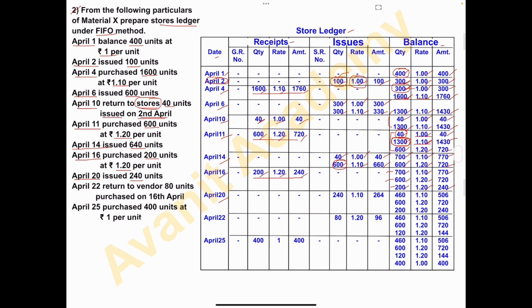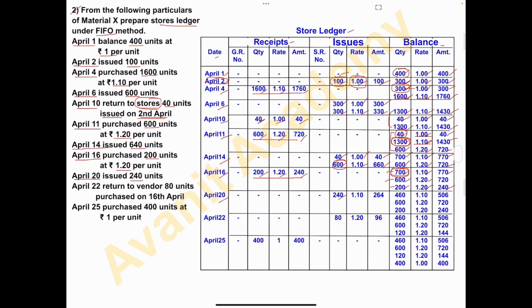So 240 we will take from which stock? From the 700, you will issue 240, from the first purchase, because we are preparing store ledger account under FIFO method, that is first in, first out. So, in these three stocks, which one is the first stock? 700. From this 700, we'll issue 240 units.